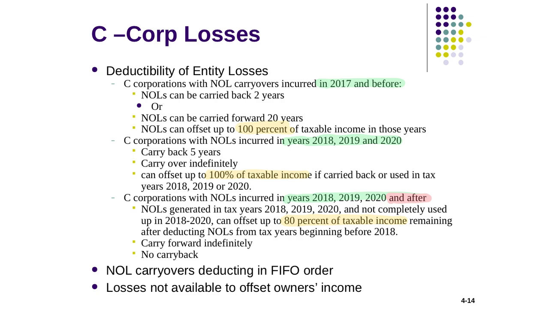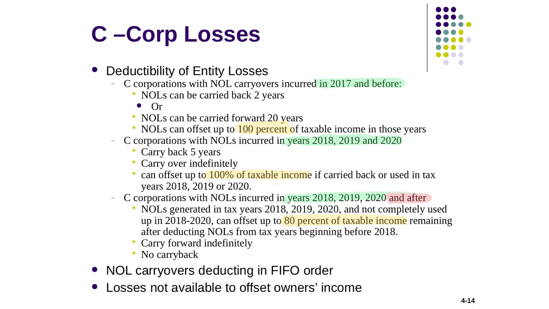Whenever we look at NOLs, if we have multiple losses, they are treated in a first in, first out method. So that way we know the order to apply them.